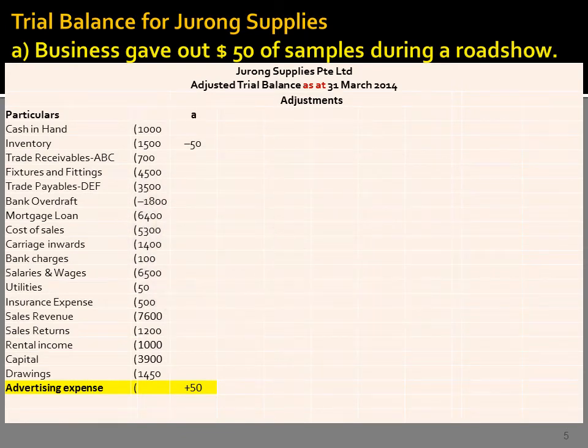For the first adjustment, we would record it as a decrease of $50 in the inventory account. The other effect is an increment in the advertising expense account. Since we do not have an advertising expense being shown in the ledger, we would need to open it up and record it as a separate line in our trial balance.